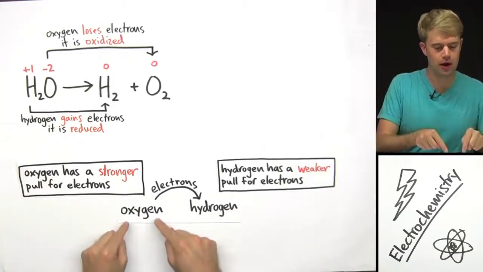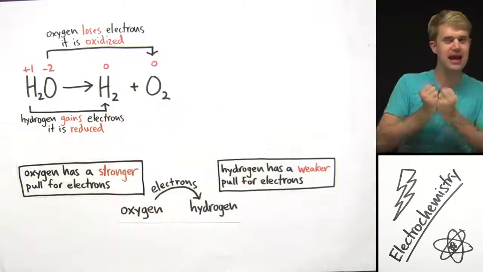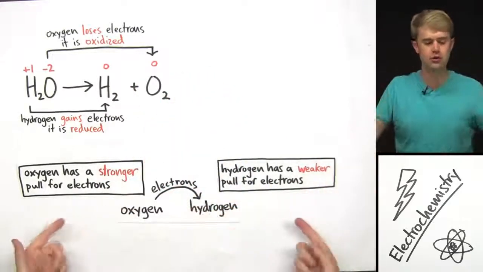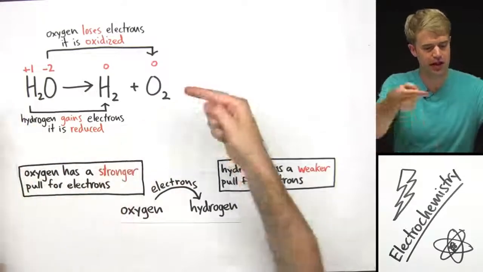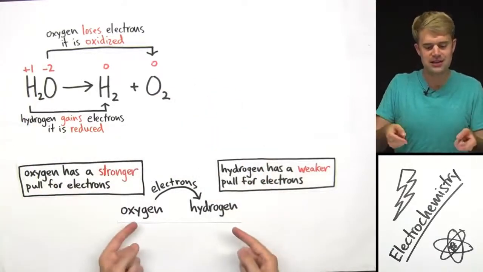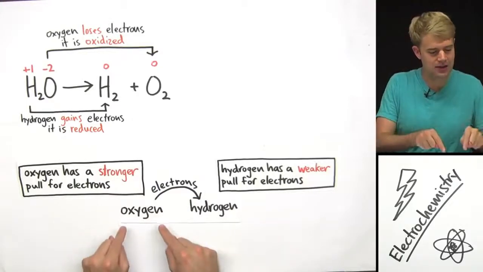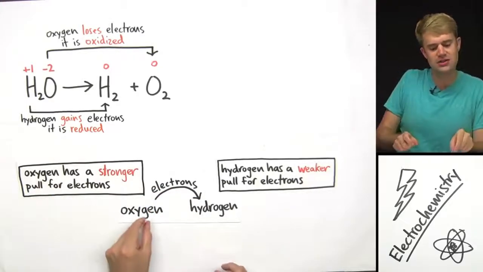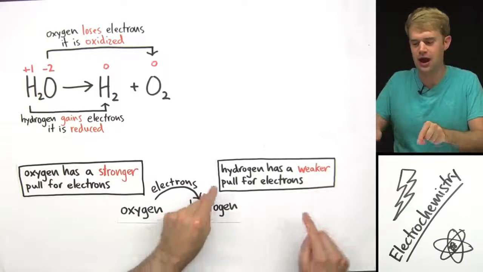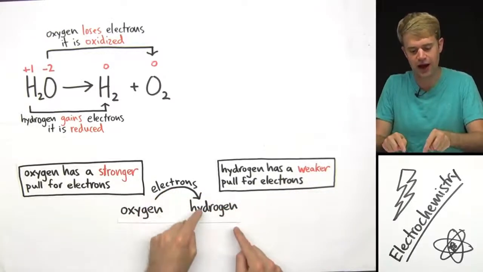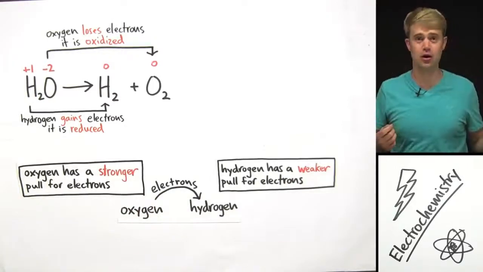So if it could, oxygen would want to take electrons from hydrogen, and hydrogen would be willing to lose them. But for this reaction to happen, we're asking that the opposite take place. Oxygen is usually stronger, but we're asking it to give up electrons. Hydrogen is usually weaker. It usually loses electrons, but here we're asking for hydrogen to gain electrons.